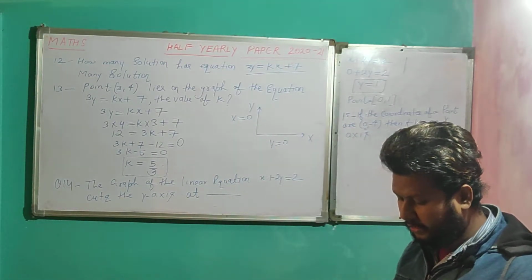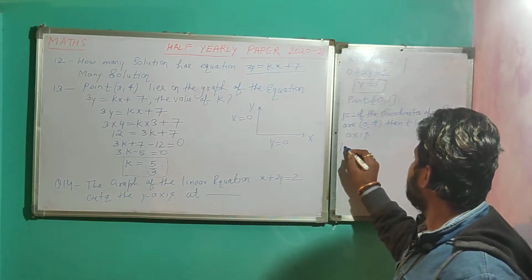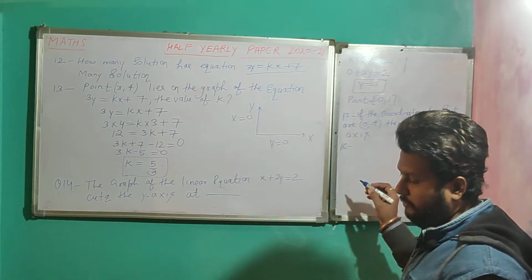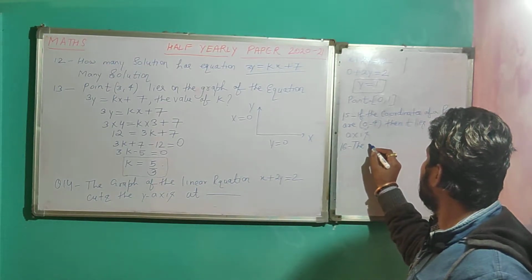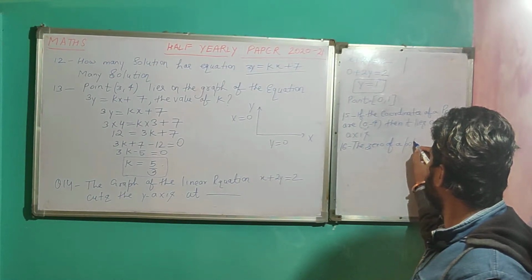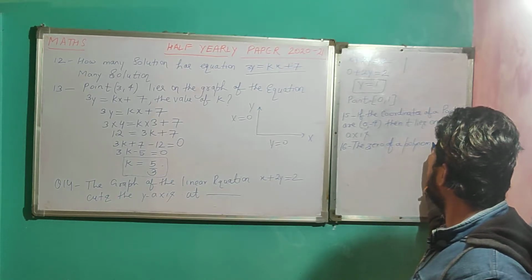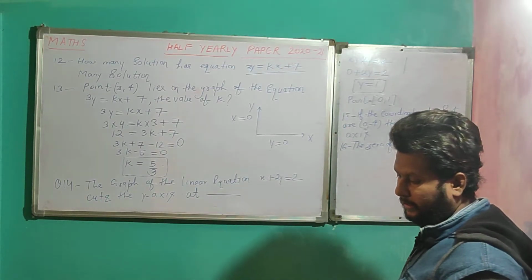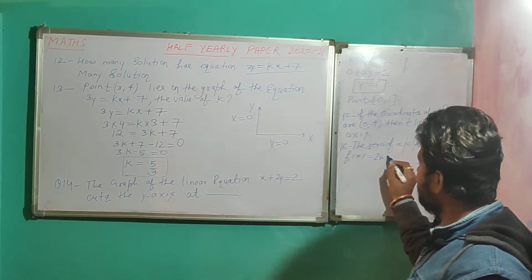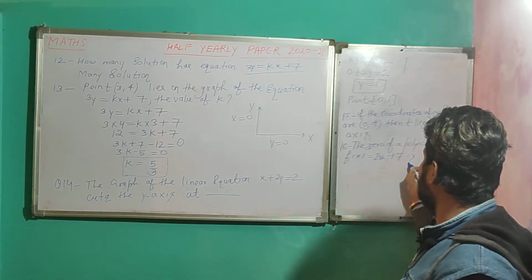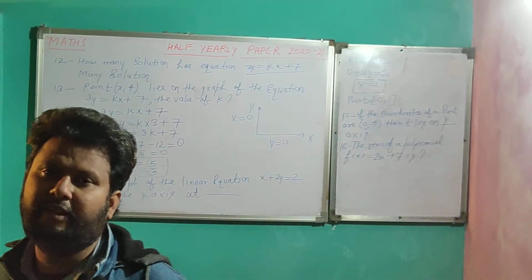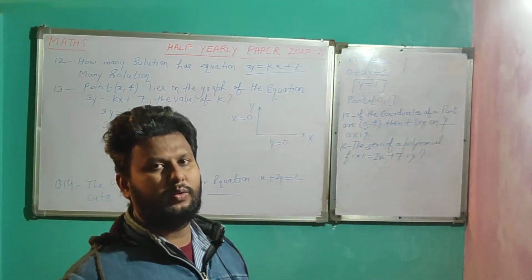Now, question number 16. The zero of a polynomial f(x) = 2x + 7 is what? To find the zero of a polynomial, we will have to equate that equation equal to 0.